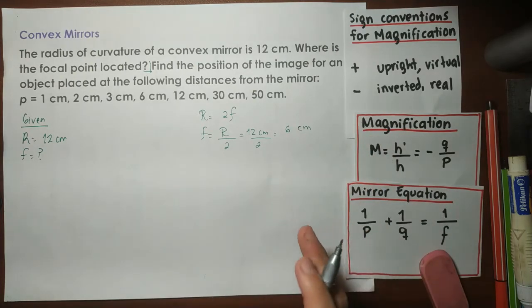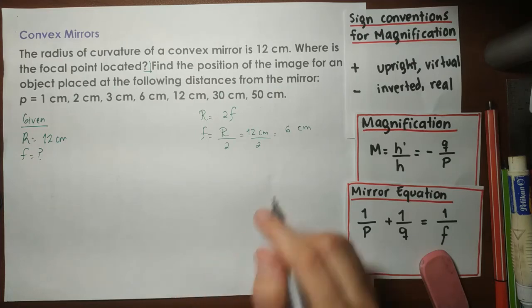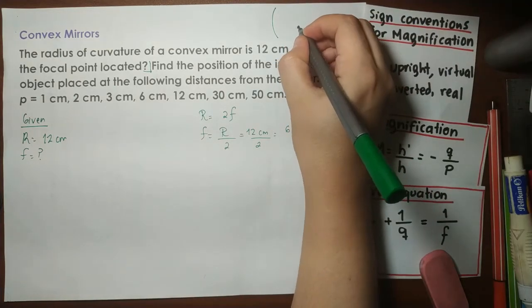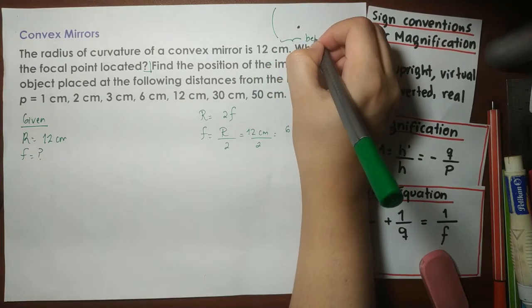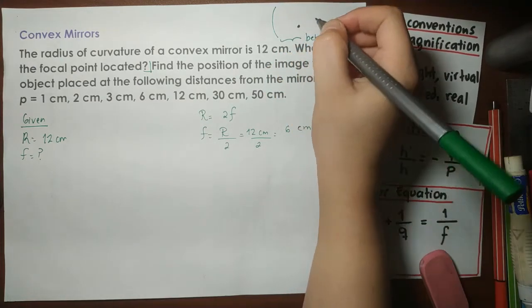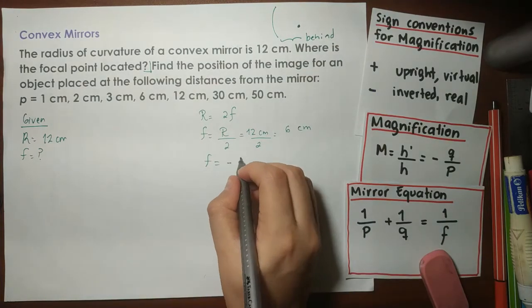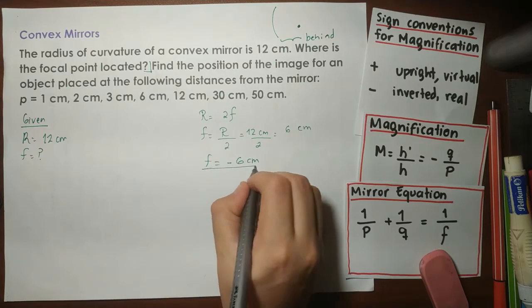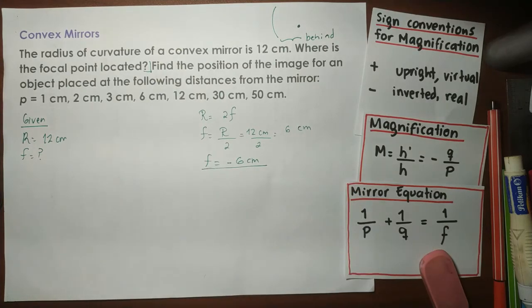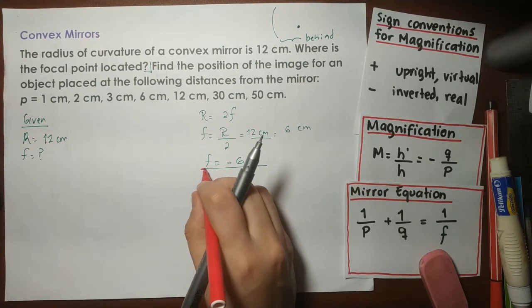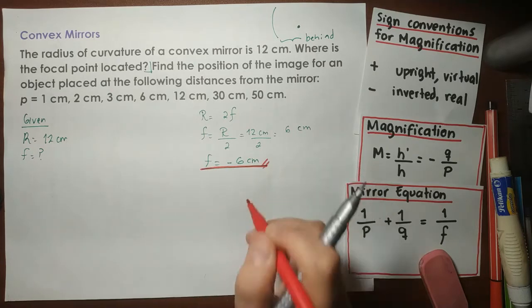Now, is this behind or in front of the mirror? As I already mentioned, since we're talking about a convex mirror, the focal point is behind. As it is behind, the focal length turns out to be negative 6 centimeters. Remember that for a convex mirror, the focal point is located behind the mirror.